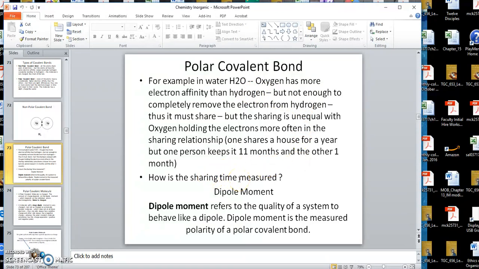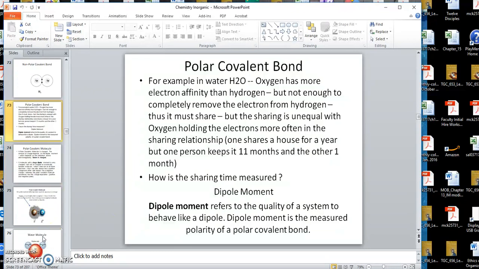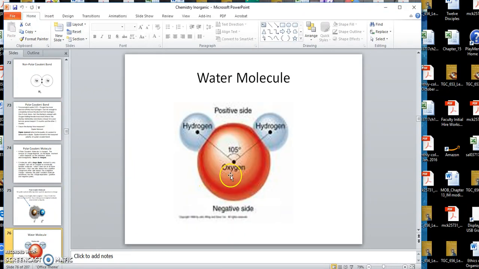Now how long it holds them, how polar it is, is something I just mentioned called the dipole moment. But for the sake of this kind of online course, I'm not going to get into the degrees of polarity. But that's more of a face-to-face issue for me. Here's oxygen. As I alluded to, oxygen would hold the electrons a little more, giving a partial negative side, and hydrogen a partial positive side.